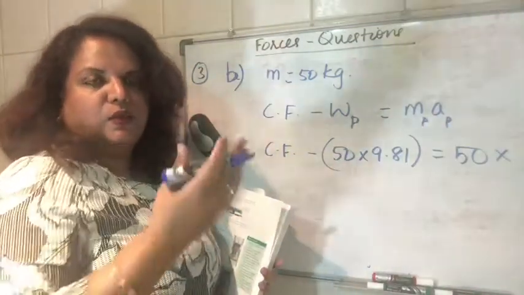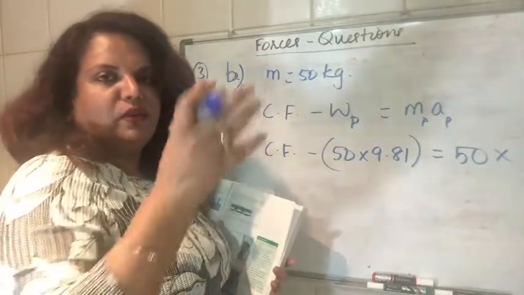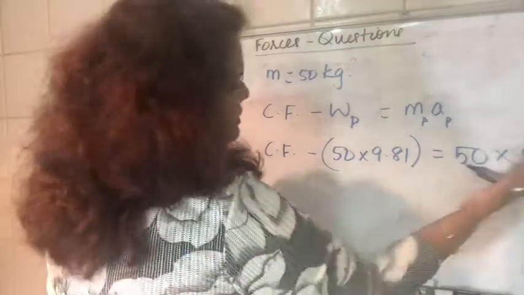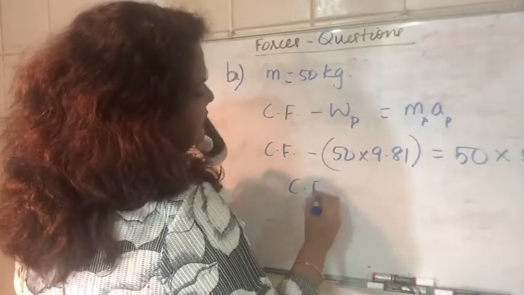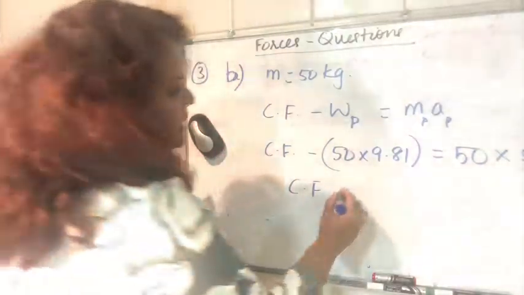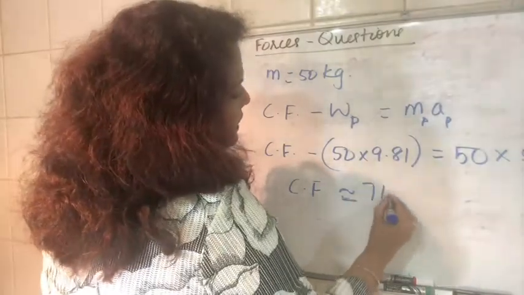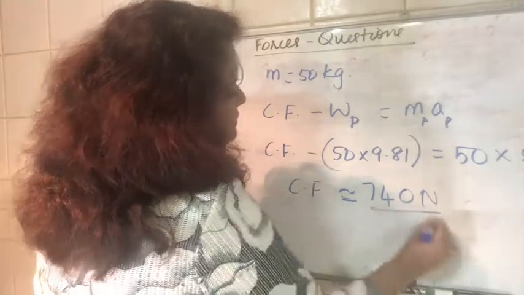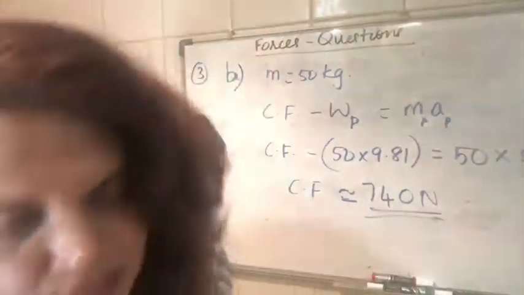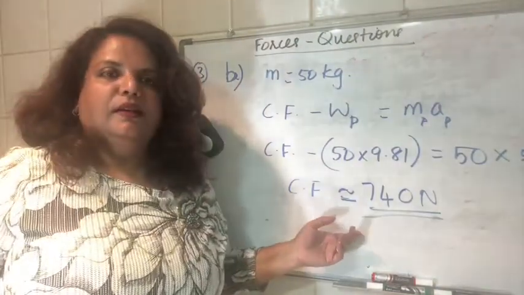See, acceleration as a whole is the same for every single object in the lift. So that is 5. It's an approximation. So contact force, if you sum it all up, you should be getting approximately 740 newtons. So that's the solution for part B.